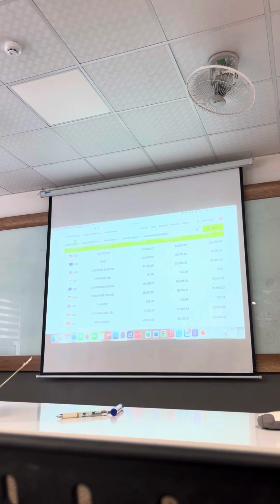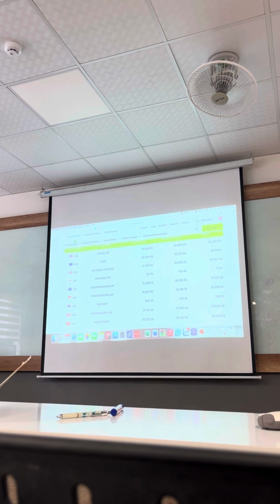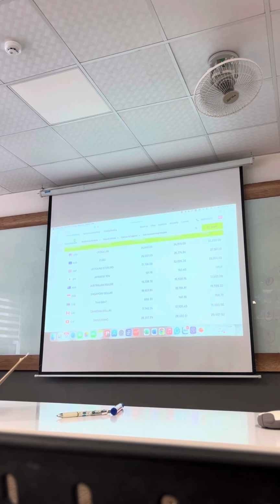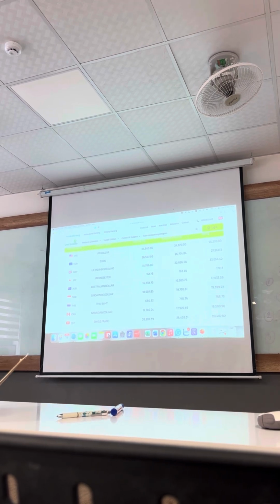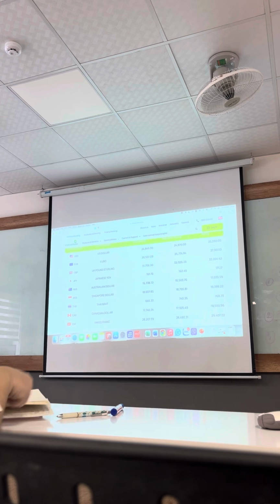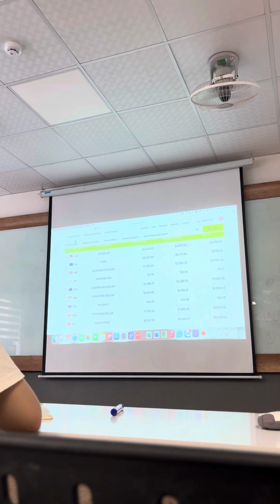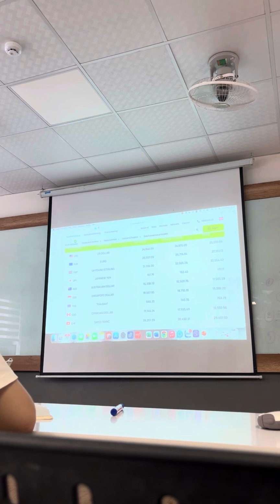And the exchange rate is the price of one currency in terms of another currency.